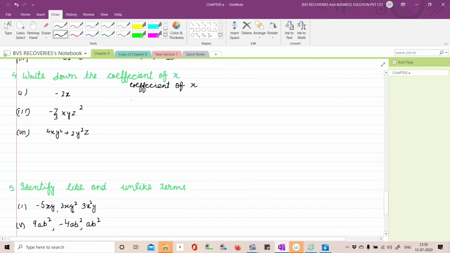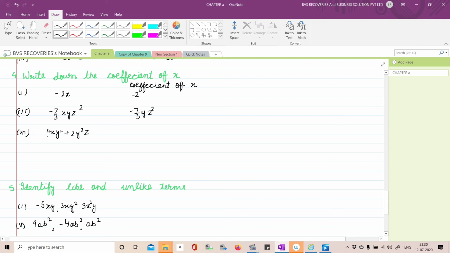So the coefficient of x here is minus 2. Then in minus 7/3 xyz^2, if we leave x, what is the remaining part? The remaining part is minus 7/3 yz^2. So you can see here, except x, the remaining part in the term we are writing as its coefficient.